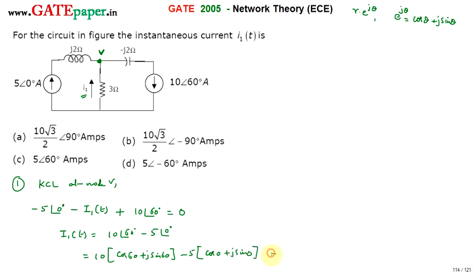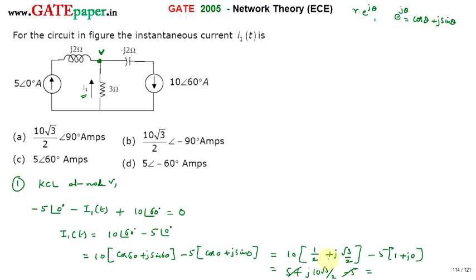This simplifies to 10 times 1 by 2 plus j root 3 by 2, minus 5 times 1 plus j 0. So this is equal to 10 by 2, which is 5, plus j times 10 root 3 by 2, minus 5. Minus 5 plus 5 cancel.